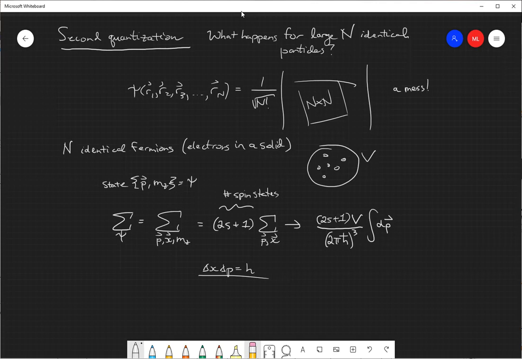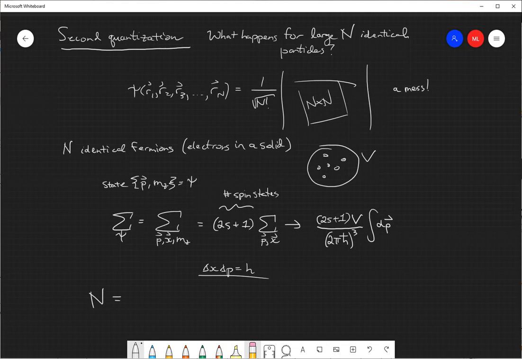This works also. And so if you wanted to, say, count the number of occupied states, then what would you do? Well, N, right? That's the total number of particles you have. And that also has to be the number of unique states that are occupied, including spin and stuff like that. That's Pauli exclusion.